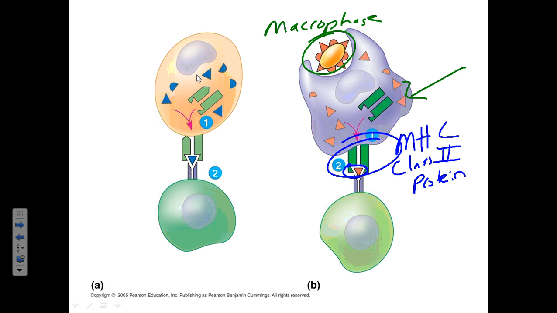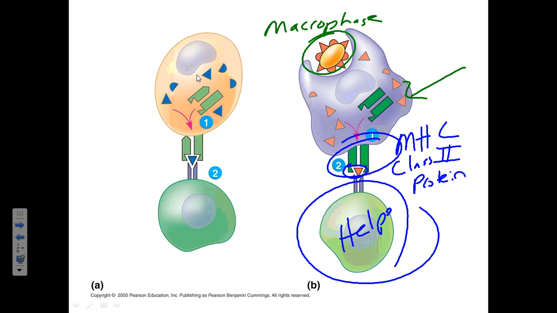And who's it telling that to? Who's it trying to communicate with? This cell that's connecting up to that, and they have to bind. What do we call that cell that binds to this macrophage in its class 2 MHC? Back up a step. They're called helper T cells.